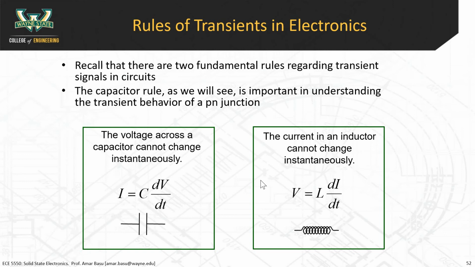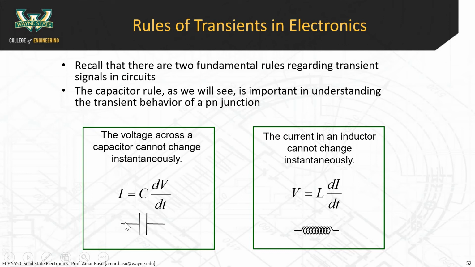So let's start with this. For the few of you who are material science guys, one of the important rules in circuit design, there are two rules, right? One about a capacitor and one about an inductor. The rule is this: for a capacitor, I is equal to C dV/dt. The dV/dt is the rate of change of voltage across the capacitor.